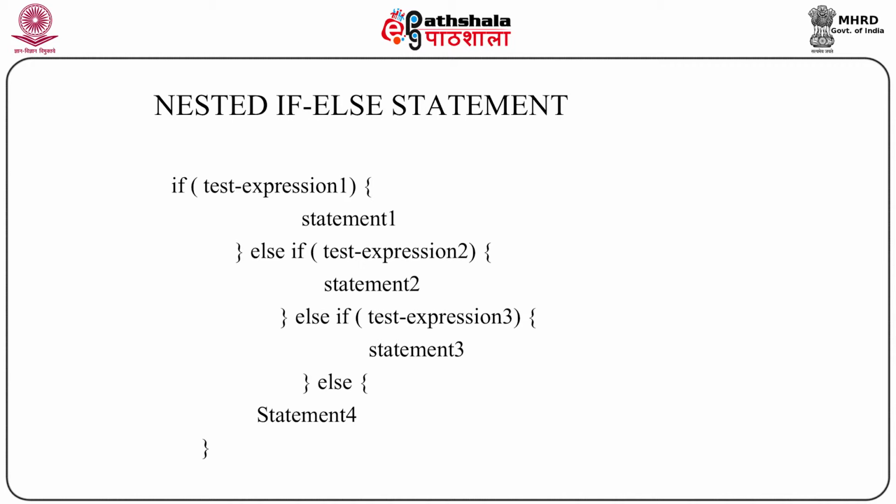Finally, if none of the three holds, then statement 4 holds. So here we are not restricting ourselves to one else corresponding to one if. Instead, we have a lot more options when the test expression within if is not true.